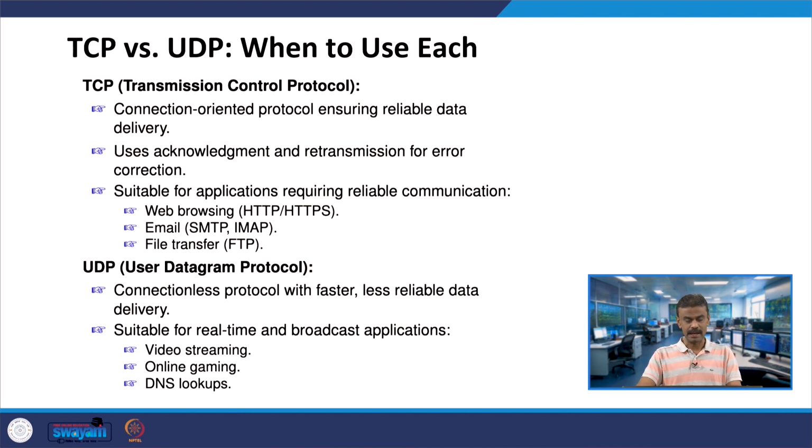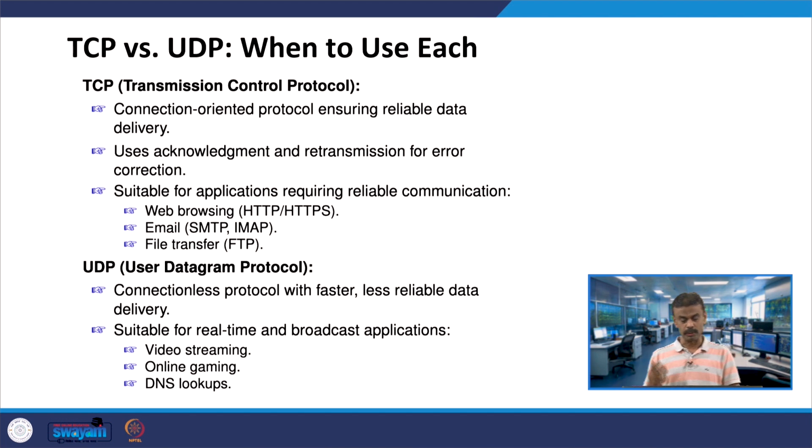Just now we talked about the Python library, right. So, when you have to use both of them. As we had seen, TCP is the Transmission Control Protocol. It is a connection oriented protocol, ensuring reliable data delivery, whether you are sending or receiving.